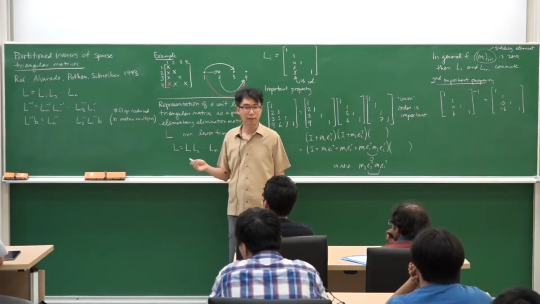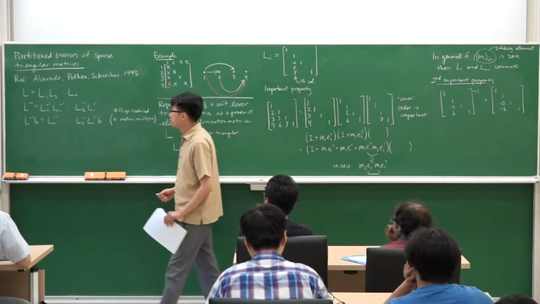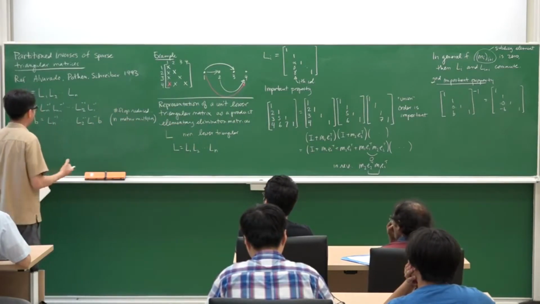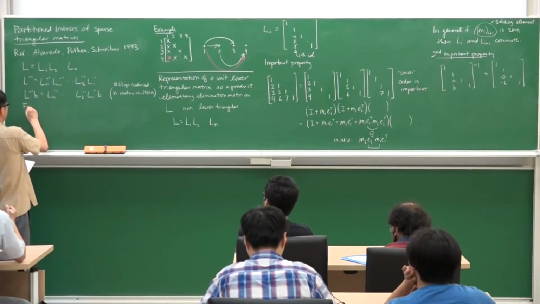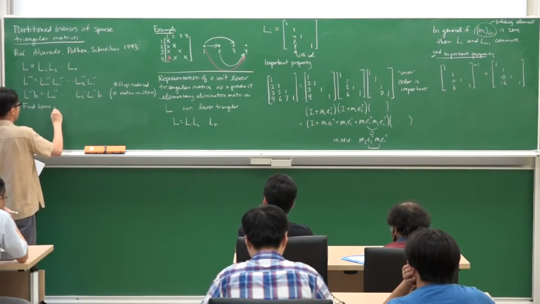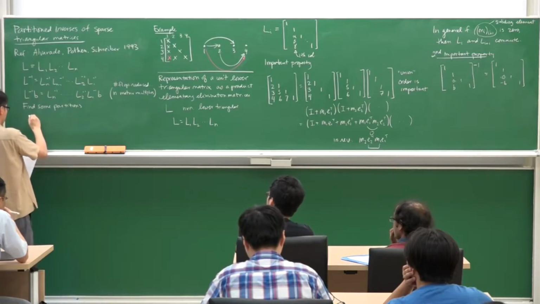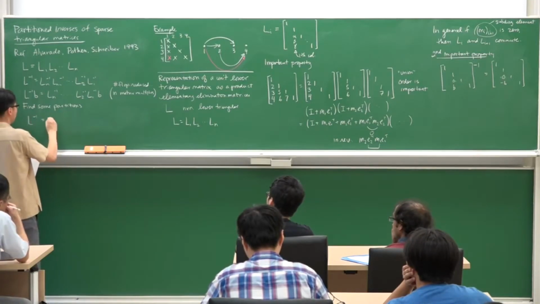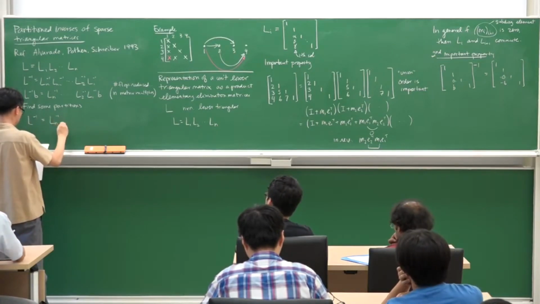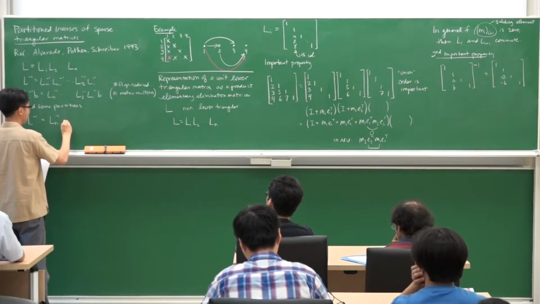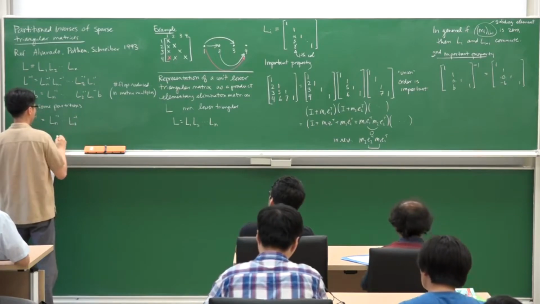Okay, so the idea is, well, how can we reduce the number of steps? And the idea of Alvarado is that we're going to try to find some partitions. I'm going to write it like this. So find some partitions. So L inverse, I'm going to write that, but now with partitions, Ln inverse times Ln minus 1 all the way to, let's say, Lk inverse.